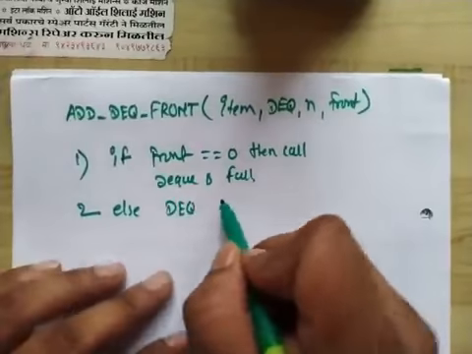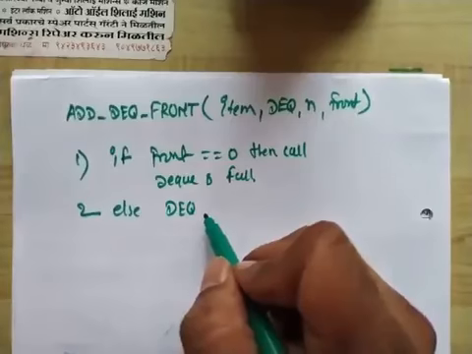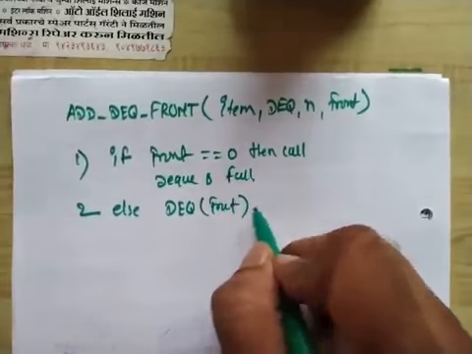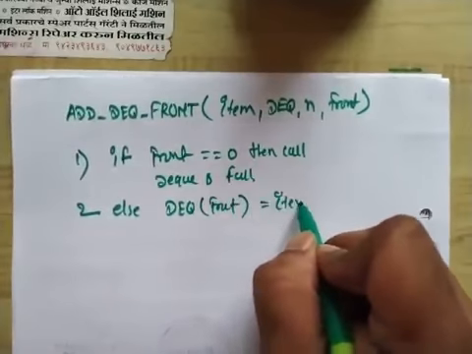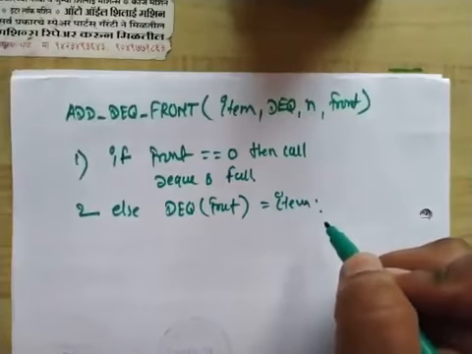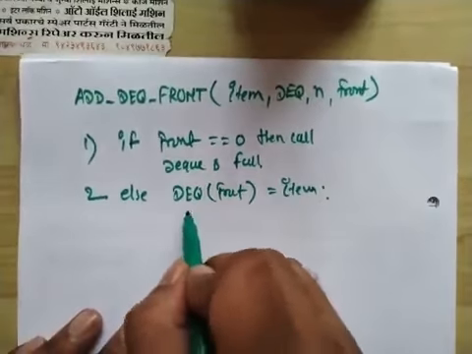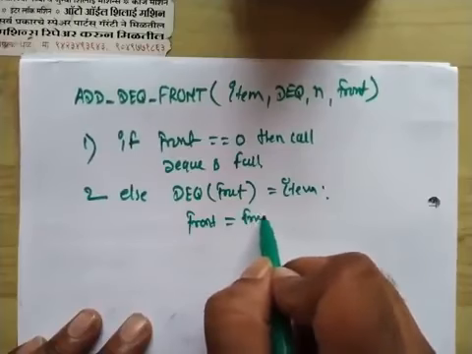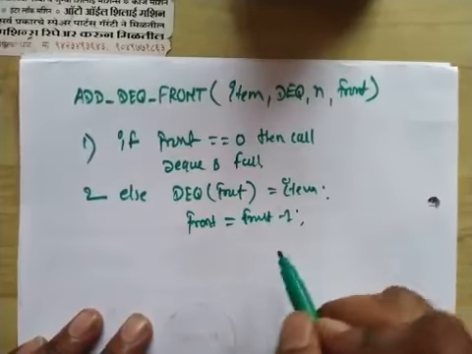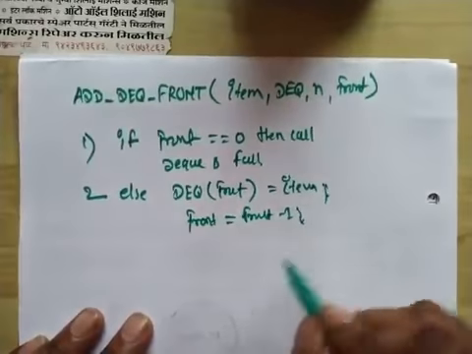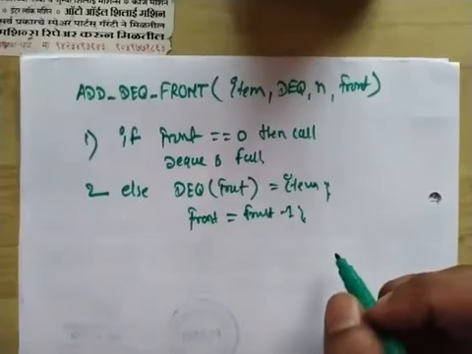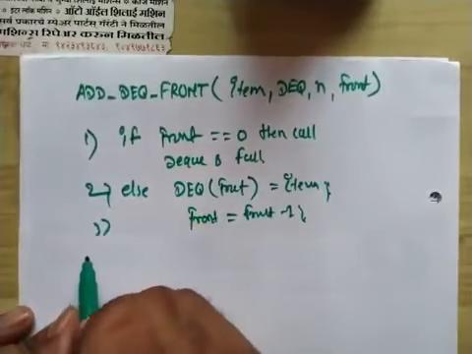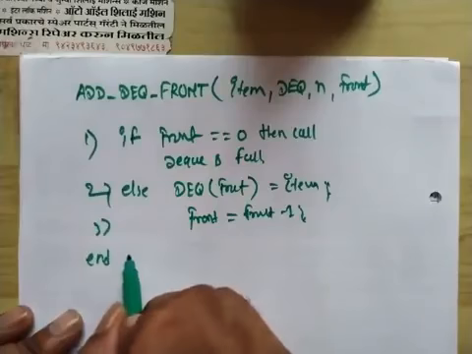Else, deque of front position is equal to atom, and then we are going to decrement the front by front is equal to front minus 1. I must not use a semicolon here since it is an algorithm. So this is step number 3, and end of add deque through front end.